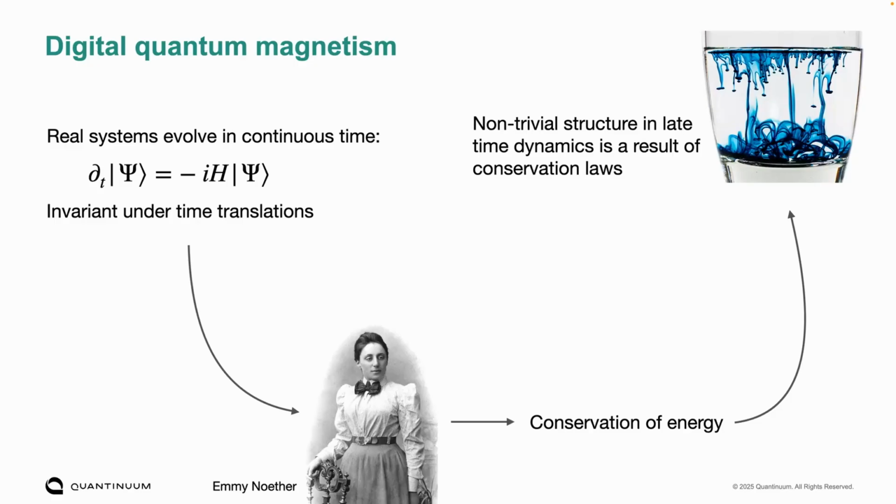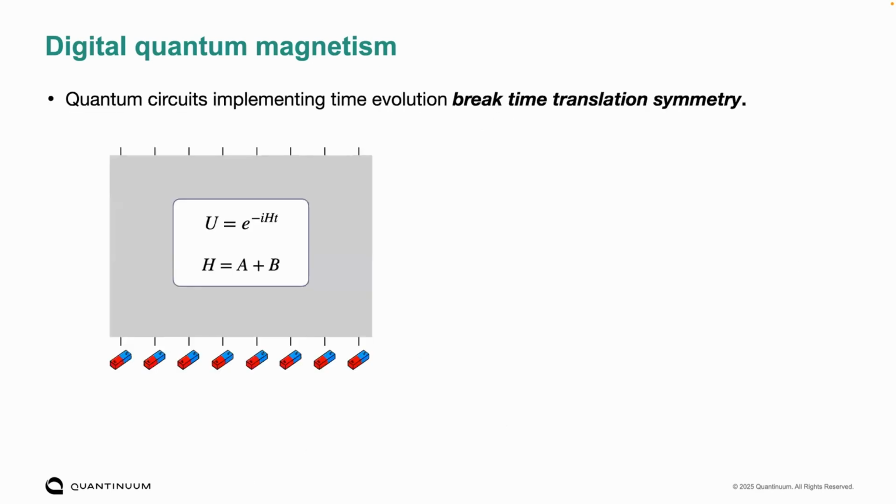So, for example, if you put a drop of dye into a glass of water, it will have some very complicated evolution like shown here. But if you stir it up and wait for long enough time, the only non-trivial property left is the color of the water, that is immediately inferable from the amount of dye that you put in at the beginning. And so the same thing holds with energy and the conservation of energy. It leads to all the non-trivial properties of systems living at finite and not infinite temperature, right? That's a direct consequence of the conservation of energy.